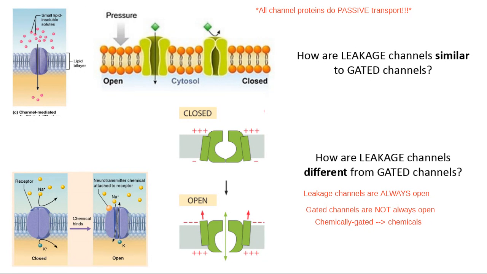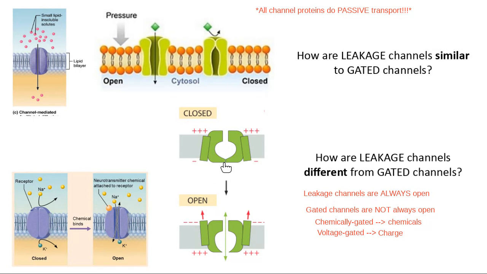My second kind of gated channel is a voltage gated channel. When I talk about voltage gated channels, what causes those to open? How do voltage gated channels open? Yeah, the word voltage relates to charge. Voltage relates to charge. So I can see an example of a voltage gated channel right here.